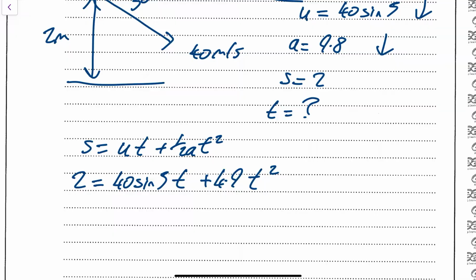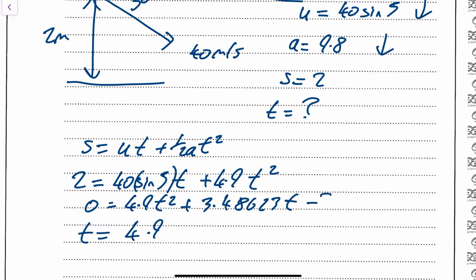You can use your calculators to do that, or just use the formula. Sorry, bring it all to one side first of all. 4.9 t squared plus, and that worked out as 3.48623 t, and then minus 2.